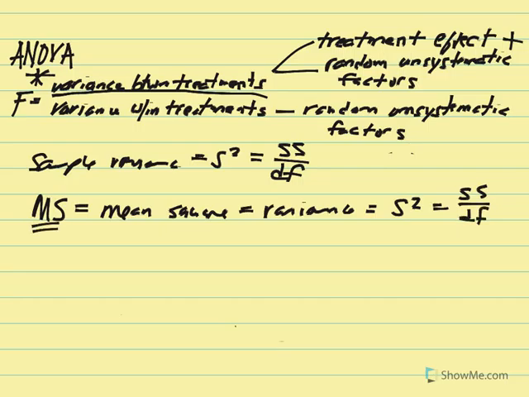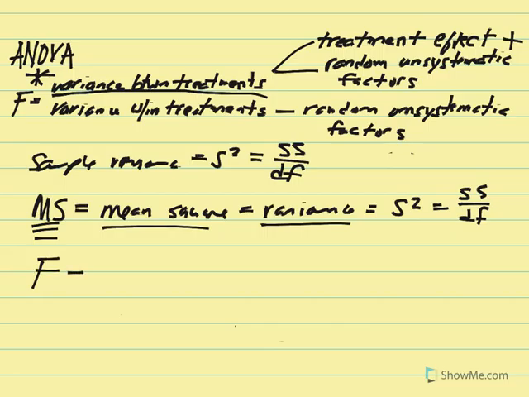So again, don't be confused by this new variable MS. It just means mean squared, and it's equivalent to the concept of variance. So they're just introducing a new variable to represent variance when we're talking about analysis of variance.